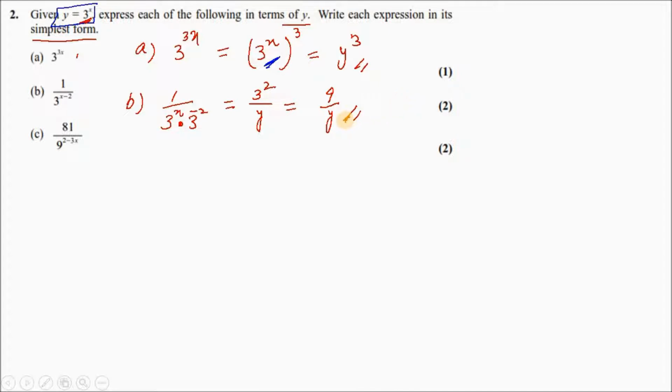So 9 upon y. And part C is 81, 9 to the power 2 minus 3x. So you see we have 81 here, we have 9. We know that 81 can be written in terms of 9. So 81 can be written as 9 square divided by 9 to the power 2 minus 3x, and again I am splitting this power: 9 square into 9 to the power minus 3x.